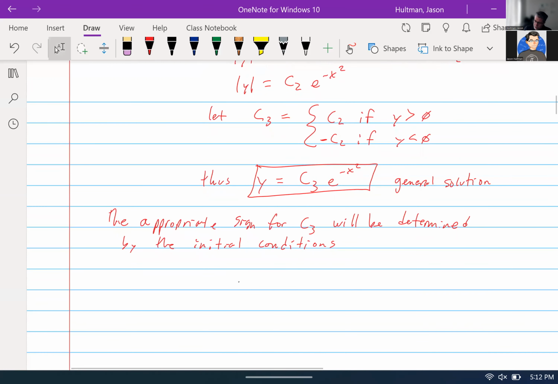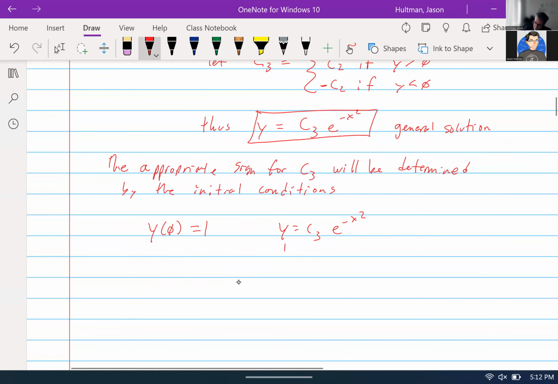If we plug in a particular initial condition, an initial value problem, and we let y(0) equal 1, then what's C going to be? Well, let's see. I'm going to say that y equals C3 e to the negative x squared. 1 is equal to C3 e to the negative 0 squared.